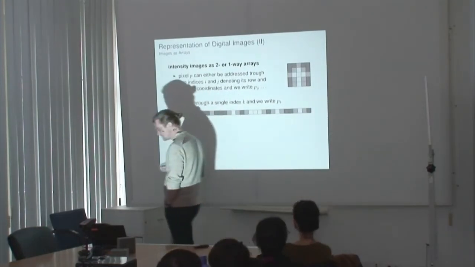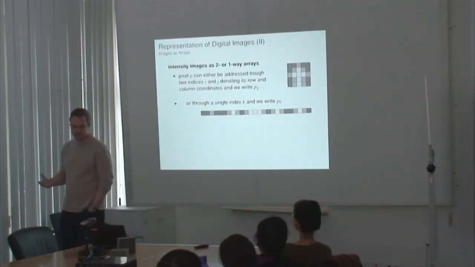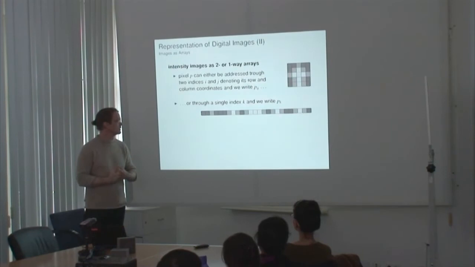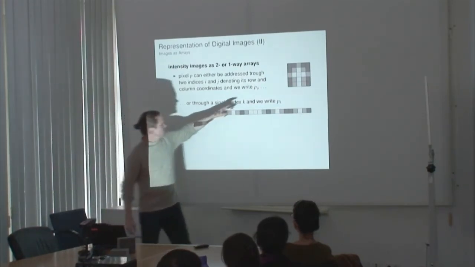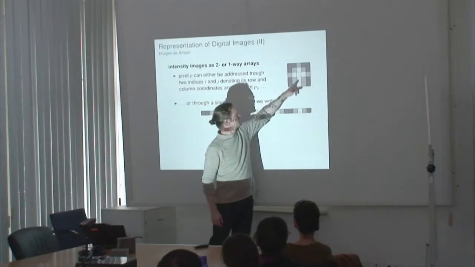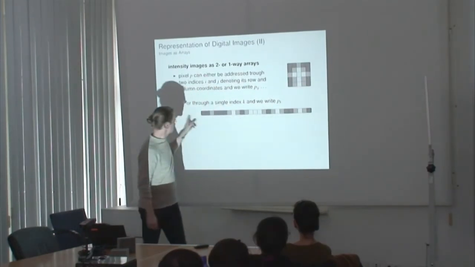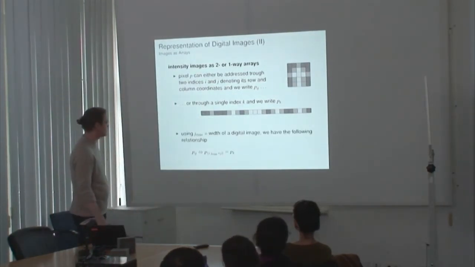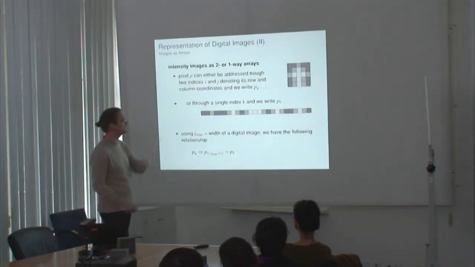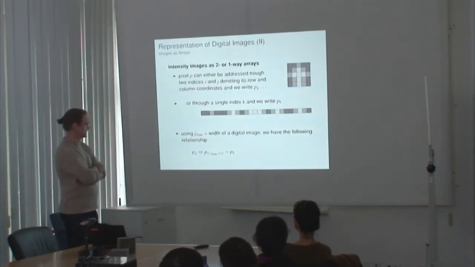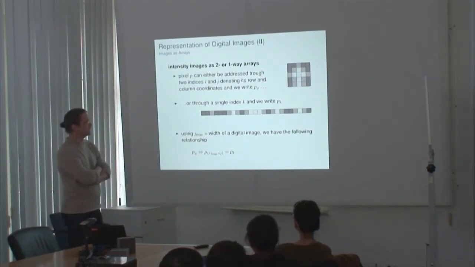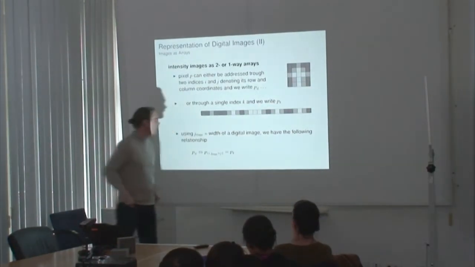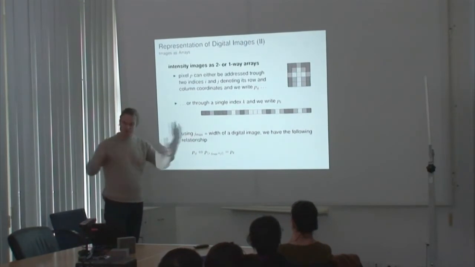And this looks different now, but is indeed actually really, from a very abstract point of view, the same object. Right? And whereas we need 2 indices here to index an element, here we would just need 1 index k. But there is a one-to-one correspondence between these 2 indices I and j and this 1 index k. If we assume that we know the width of the image, in this case 5 pixels, and let's call this the width of the image, j max.